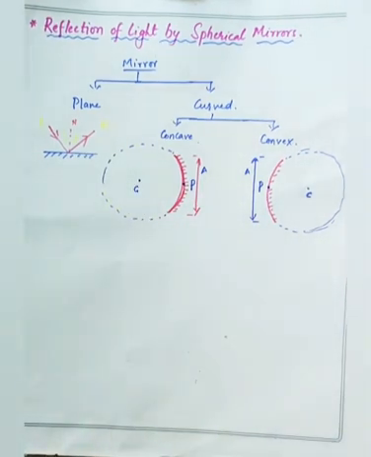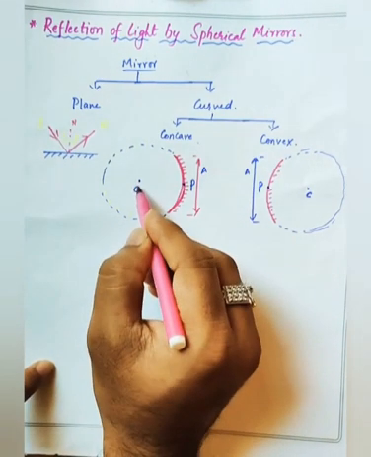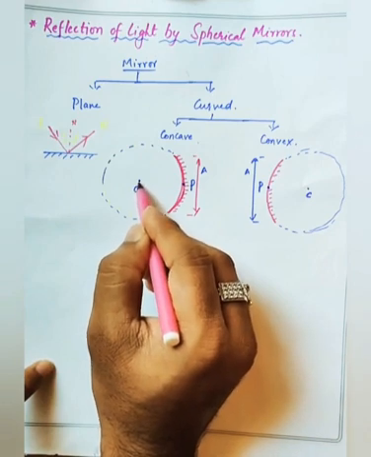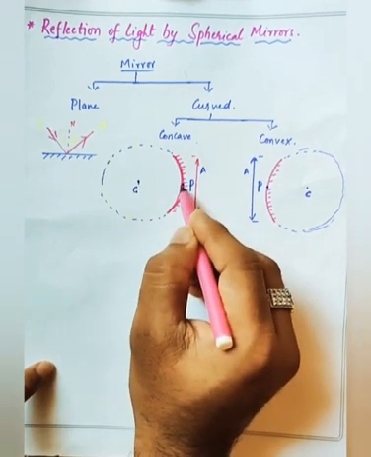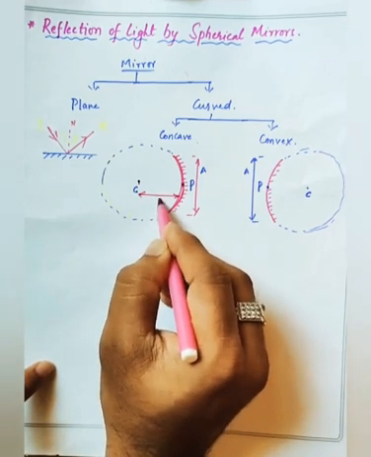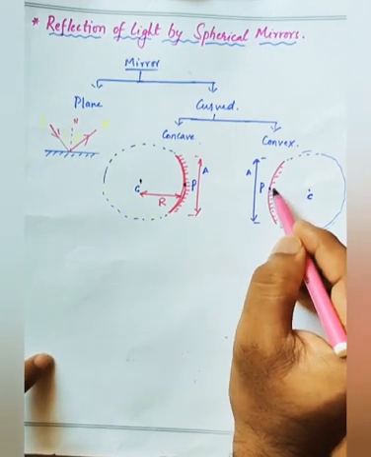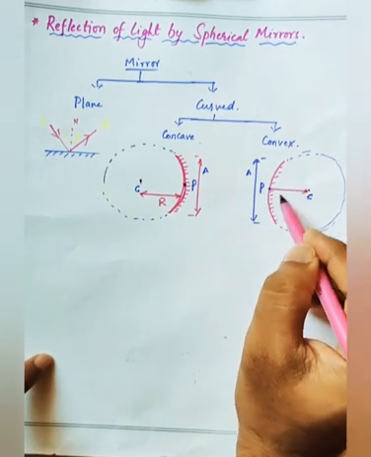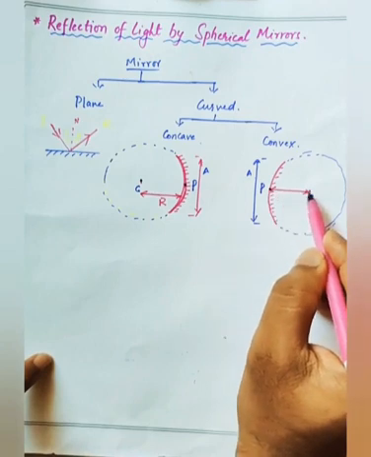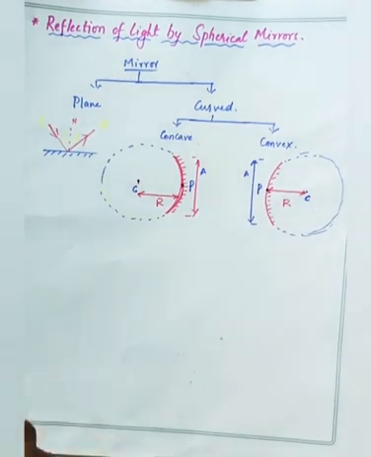Now we'll see the radius of curvature. It is the distance between the center of curvature and the pole. Here also, in the convex mirror, the distance between the pole and the center is the radius of curvature. Hope you got the radius of curvature.